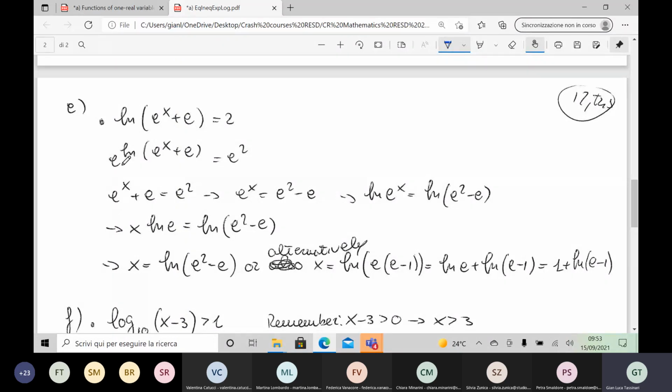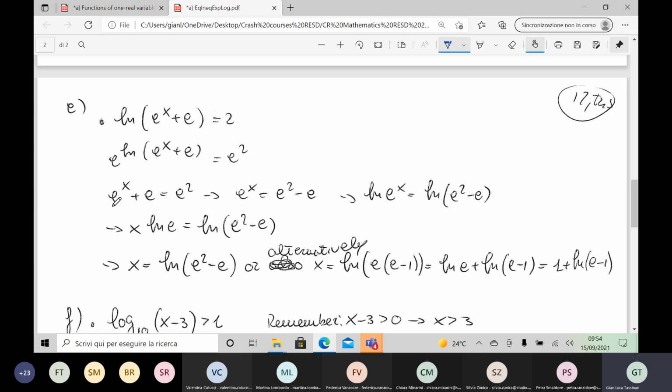Again, take the exponential transformation with basis e of both sides. So you see e to the power of the logarithm of the first-hand side equal to e to the power of the logarithm of the second-hand side. Then, e to the power ln of something is equal to that something. So it is equal to e to the power x plus e. The second-hand side remains as it is.